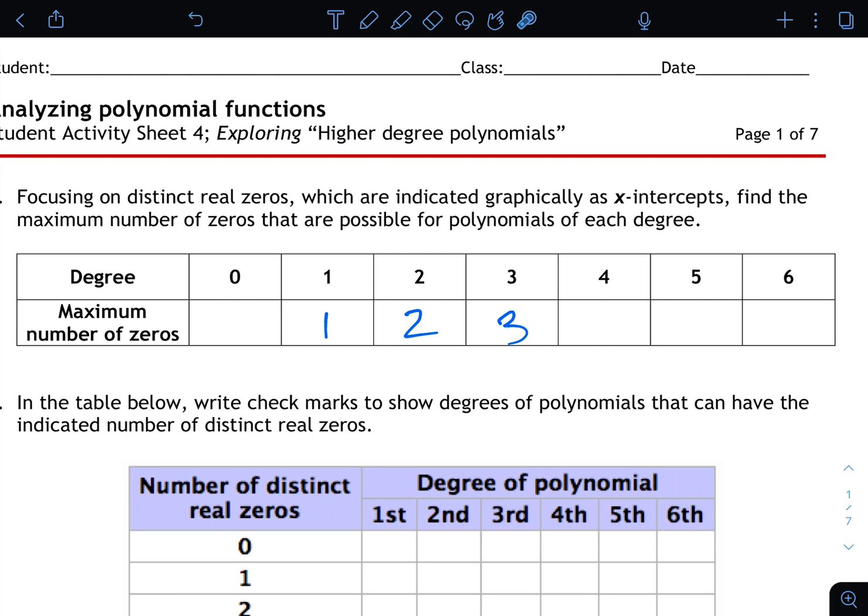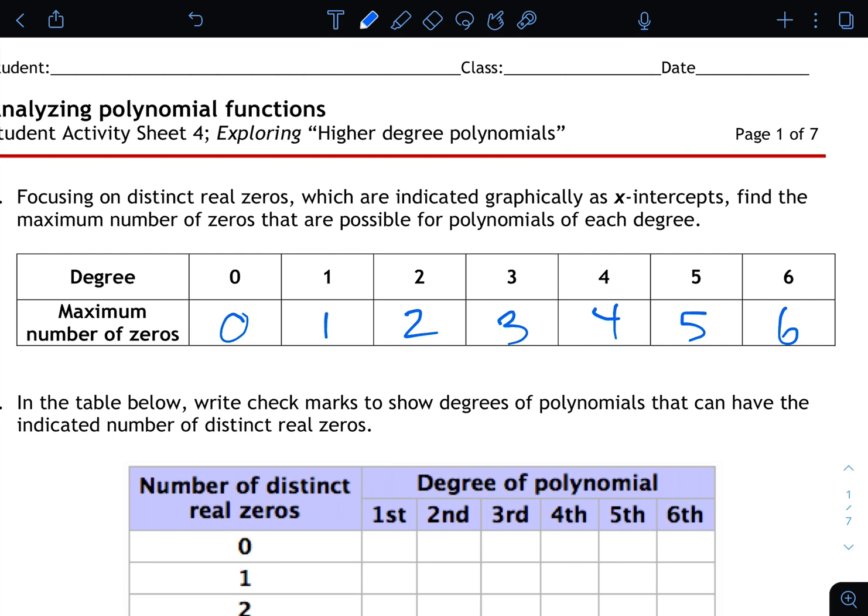So if we follow the pattern, a 6th degree polynomial would be able to have a maximum of 6 zeros. Same thing for a 5th degree polynomial. So a 5th degree polynomial could have 5 zeros. And then a 4th degree polynomial could have 4 zeros, and a 0 degree could have 0.